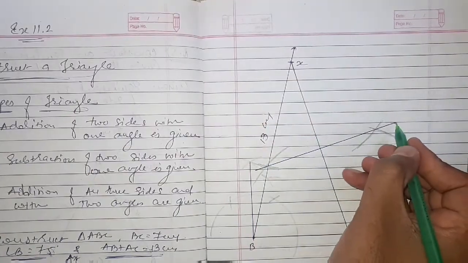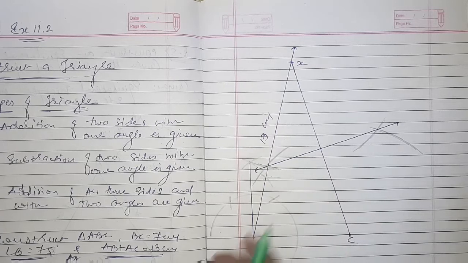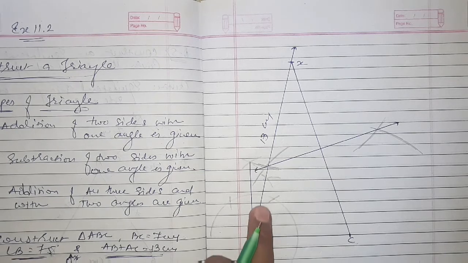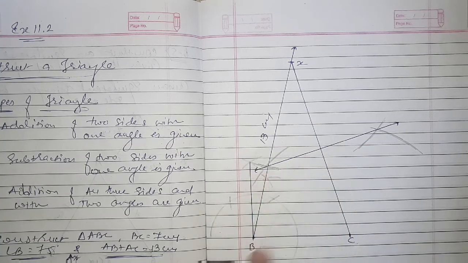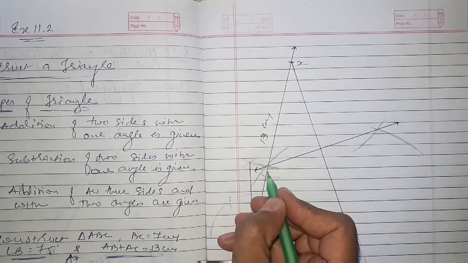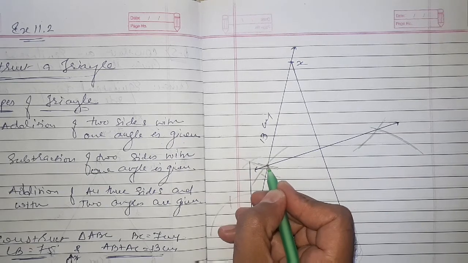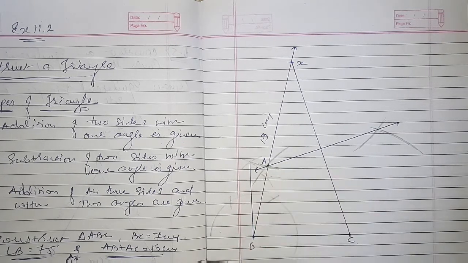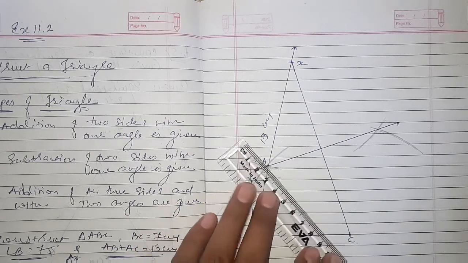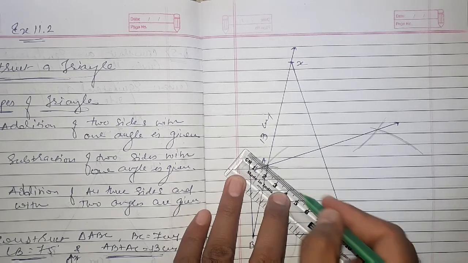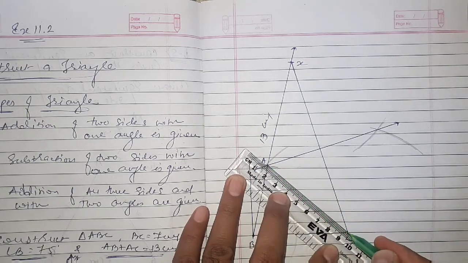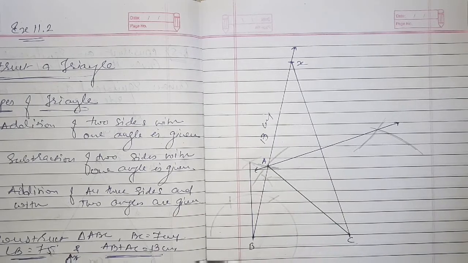Construct the line that passes through both of the intersection points of the arcs. Now this perpendicular line segment intersects BX at this point. So this is your point A, and now join this point with the C. So your triangle ABC is constructed.